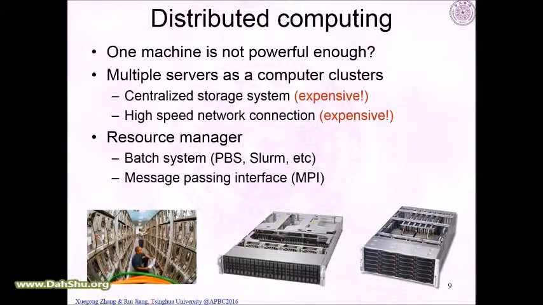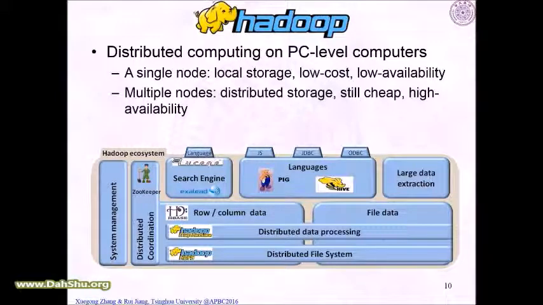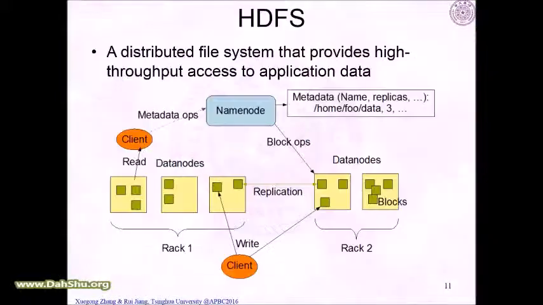I will skip this. The famous structure for distributed computing is the so-called Hadoop. The foundation of Hadoop is a distributed file system and a distributed data processing system. And built on this, there are a lot of applications.